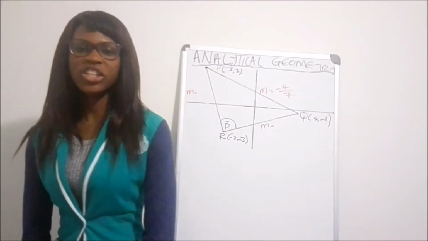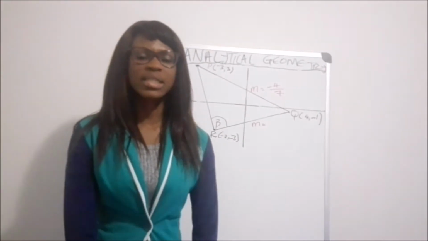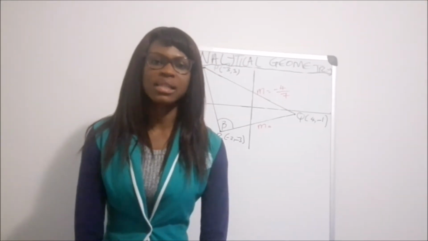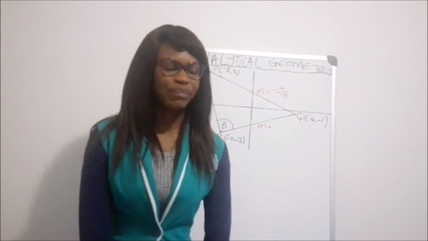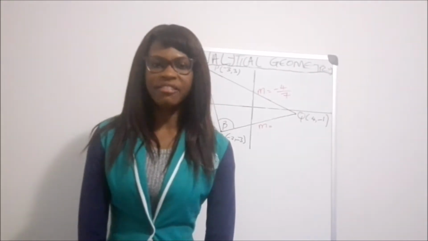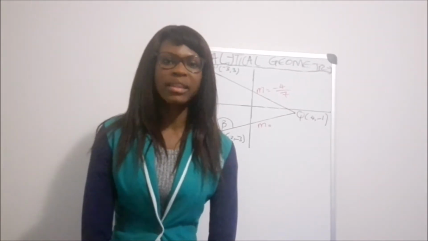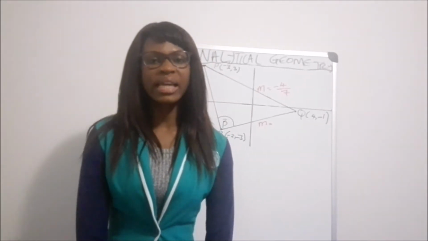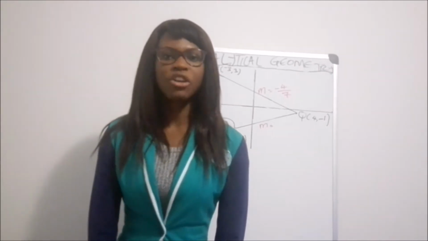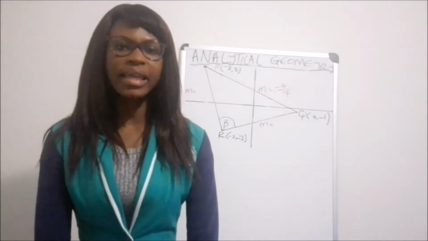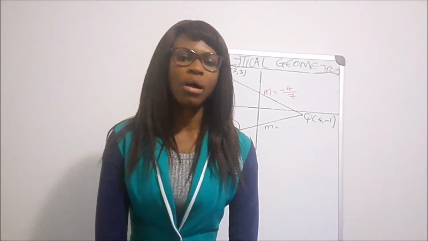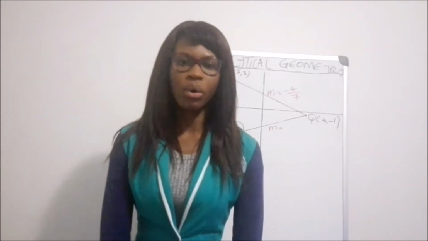Our angle of inclination has a value between 0 degrees and 180 degrees, and it is always measured from the positive x-axis anti-clockwise. If you are given a positive gradient, the angle that you find is the correct angle. But if you have a negative gradient, in your final answer you have to add 180 so that you get your angle of inclination positive from the x-axis anti-clockwise.